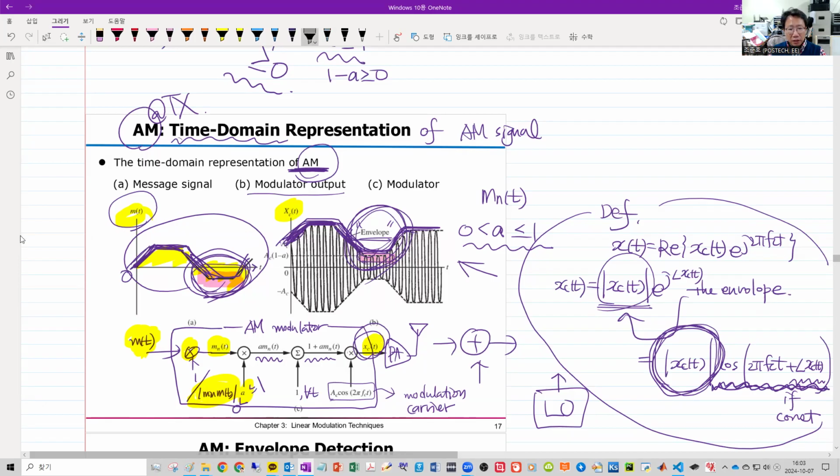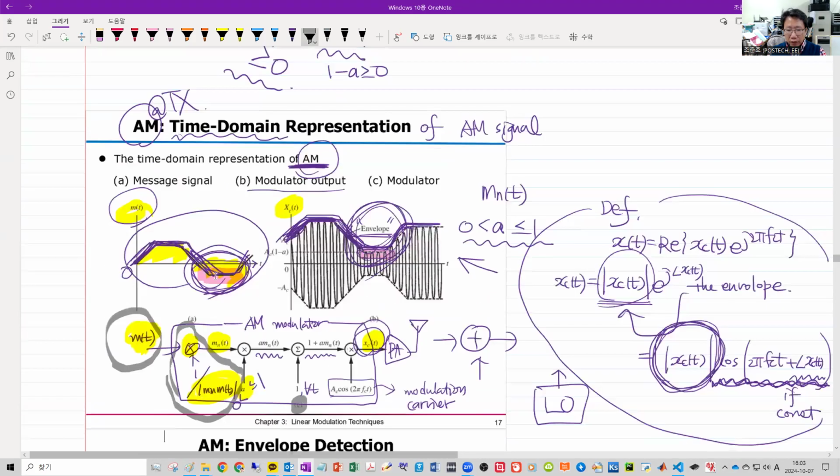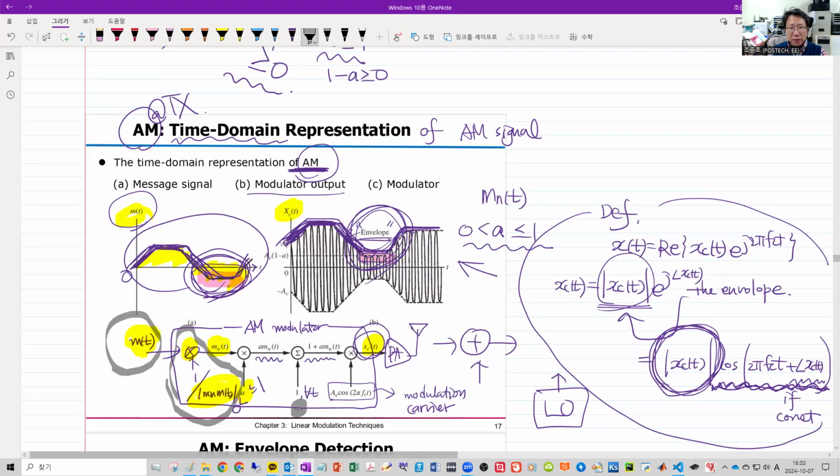And not only this, but I hope you must be able to put m of t and this scaling multiplier, because this is the complete AM modulator, in your answer. That's what I hope. And if you are very precise, then you probably want to add some constant theta too in the phase angle of the carrier. Got it? So do you understand what I mean?